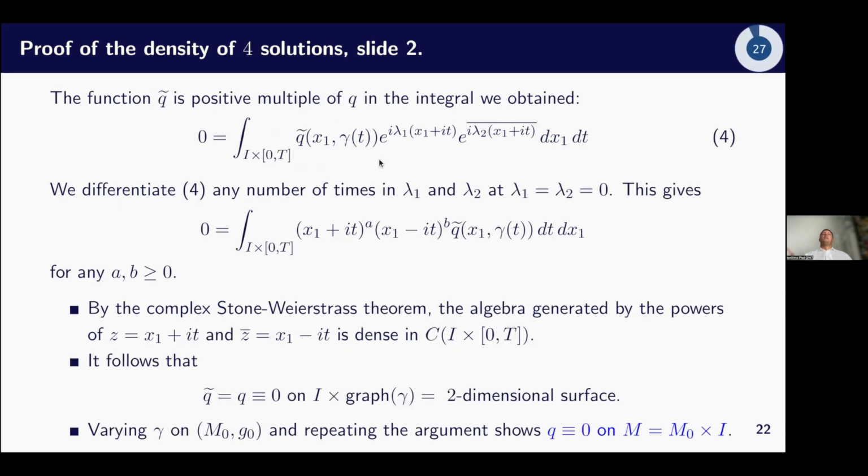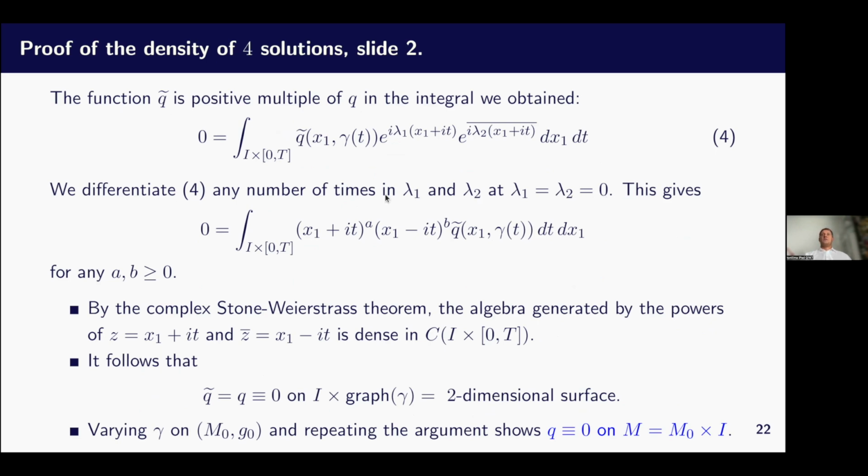I now have the same integral here again. So this q tilde is a positive multiple of q. Recall that we want to show that q is 0. So if we show that q tilde is 0, we are okay. And this was the quantity we obtained in the last slide here. So now we differentiate this condition any number of times in lambda 1 and lambda 2 at lambda 1 equals lambda 2 equals 0.